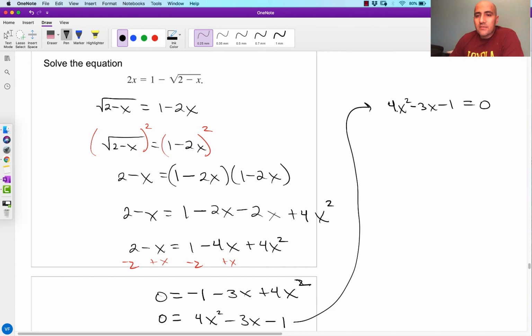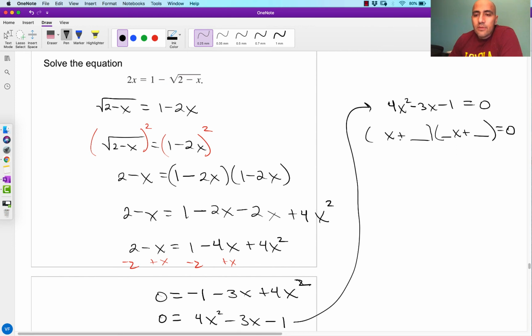I think because the numbers are so easy, we can just use the guess and check method. It's going to be something that fits this form: blank x plus blank, times blank x plus blank, equals 0. So we can just guess and check different things. Because it ends in a 1, I know that the last term has to be a 1.